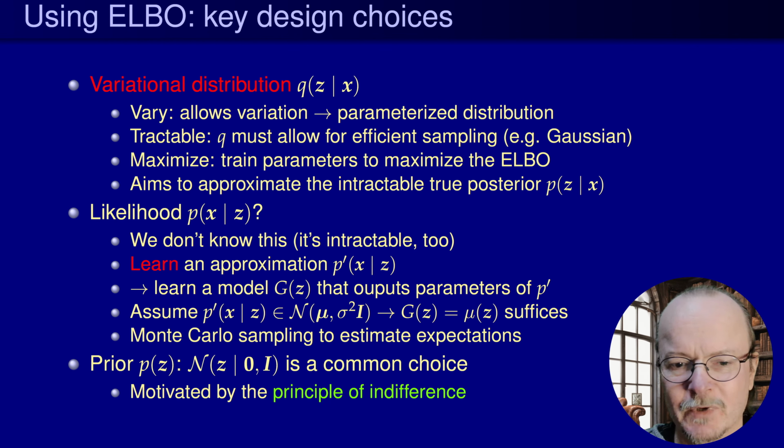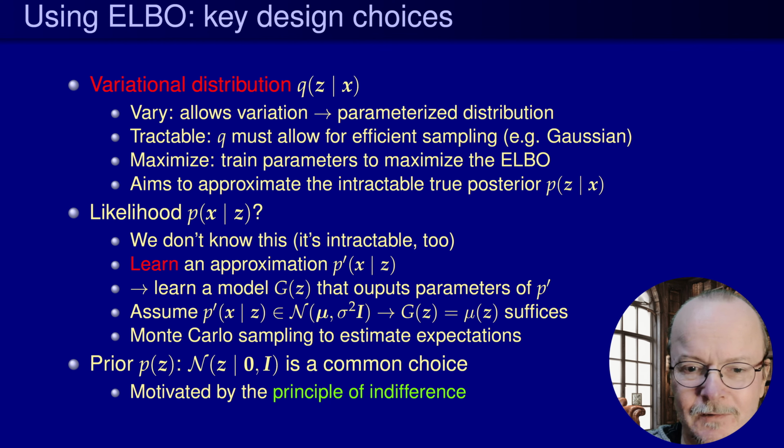The isotropic or spherical nature of the normal distribution ensures that no particular direction in the latent space is favored over another, unless the data strongly suggests otherwise. And of course, this assumption greatly simplifies our computations.